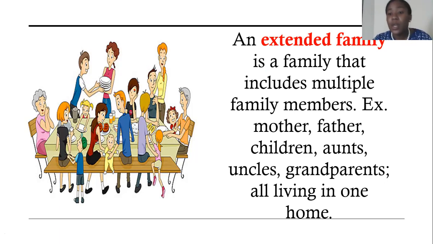So we can see it has a mother, a father, children, aunts, uncles, the aunts and uncles' children, which means they're your cousins, and the grandparents, all living under one roof in one home, in one house. So this one will be called an extended family.